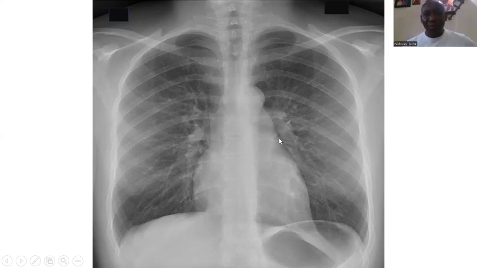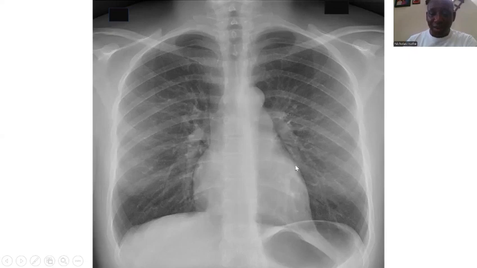So going further, the thorax itself has a cavity with some structures or organs within. But the main organ of the thoracic cavity is the heart. And this opaque area represents the cardiac shadow.